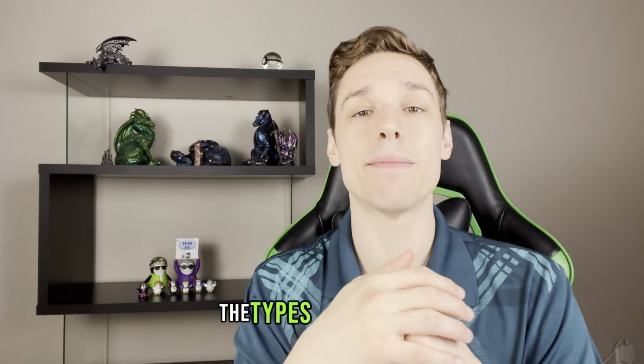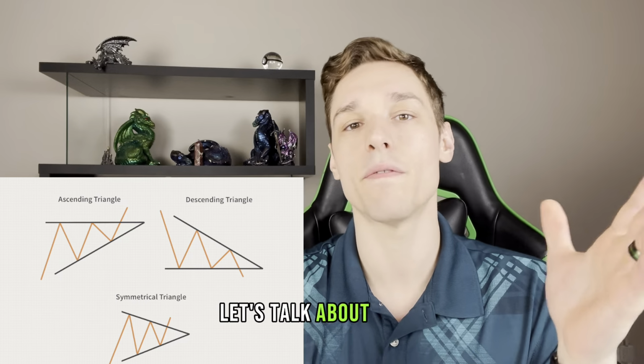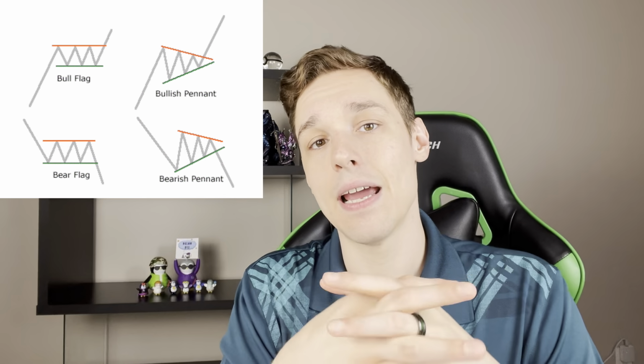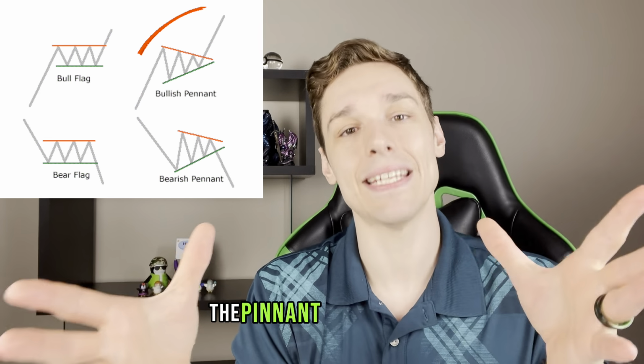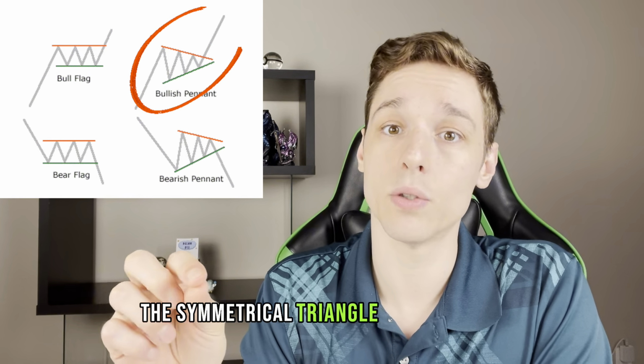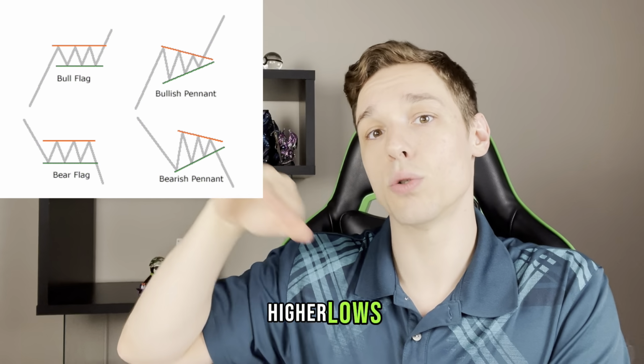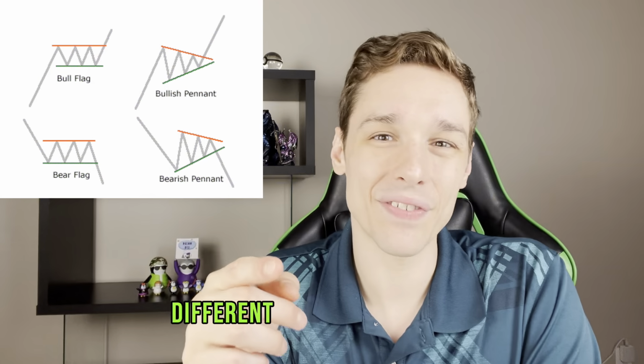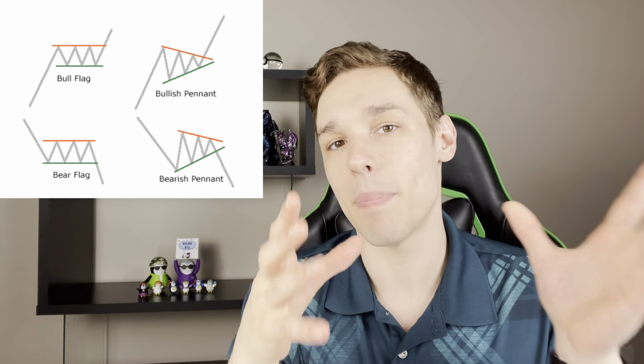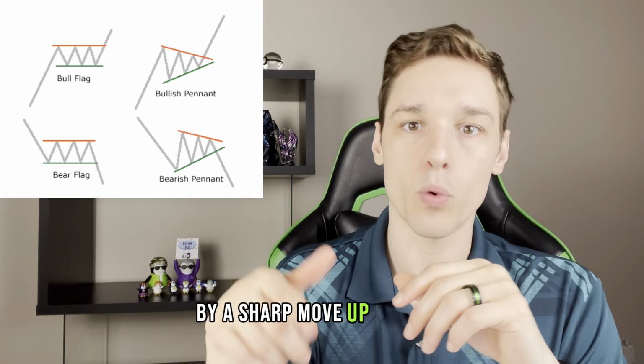Now that we've covered the types of triangles, let's talk about flags and pennants. They are similar. The pennant is similar to the symmetrical triangle in that it has higher lows and lower highs, but different in that it is preceded by a sharp move up or down.